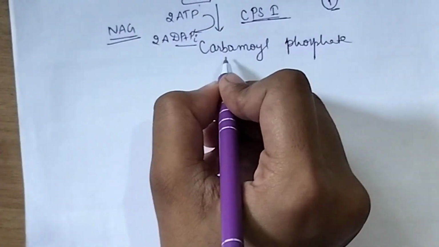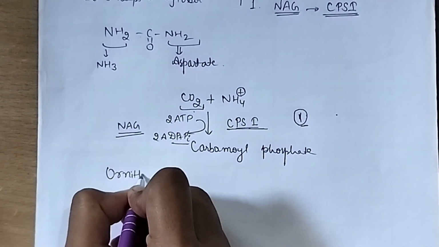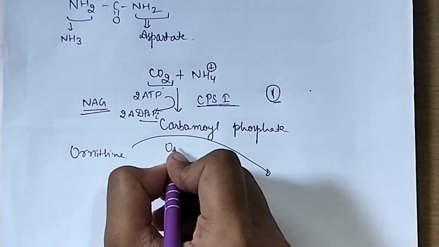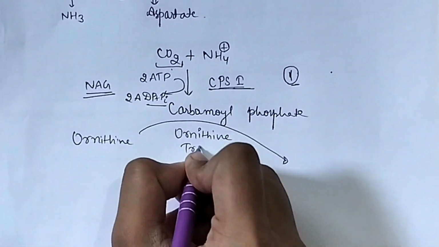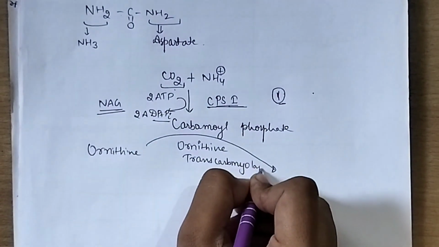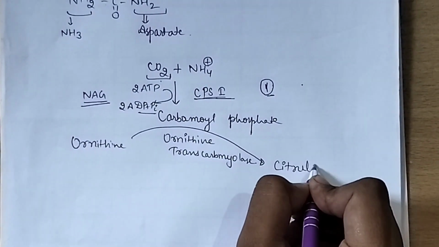Now the carbamoyl phosphate which is synthesized condenses with ornithine in the presence of ornithine transcarbamylase and is converted into citrulline.